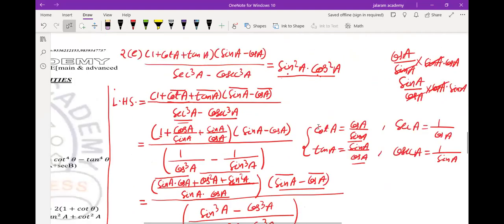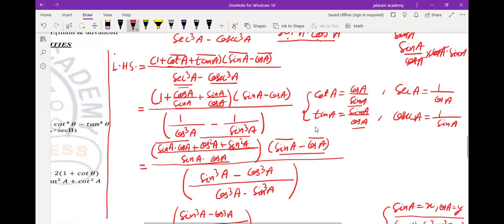So in this question, we do not have to use cos square A plus sin square A equals 1. In place of this, we will use the formula for x cube minus y cube, as it is x minus y into x square plus y square plus xy. And this can be obtained from the denominator, sin cube A minus cos cube A. Otherwise, it can also be solved. If you change this to sin square A plus cos square A equals 1, then you have to do some more steps.